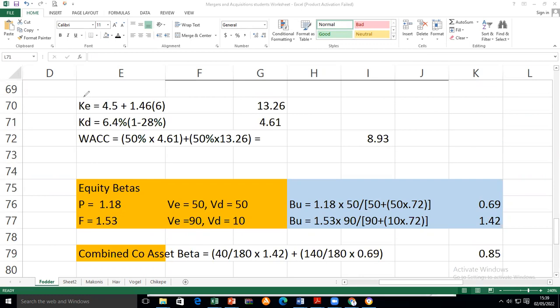The cost of equity. Where is that small figure? It's here. The cost of debt, we have talked about it already. The capital structure, the 50%, we have spoken about that. And once you do that, finally you have got your discount rate. So this is our discount rate.